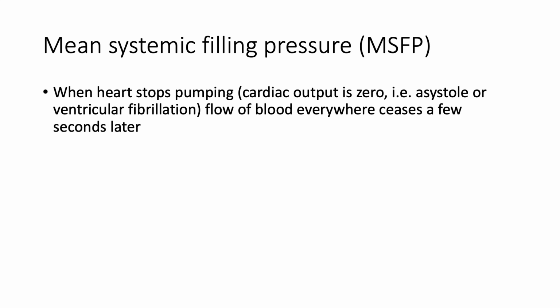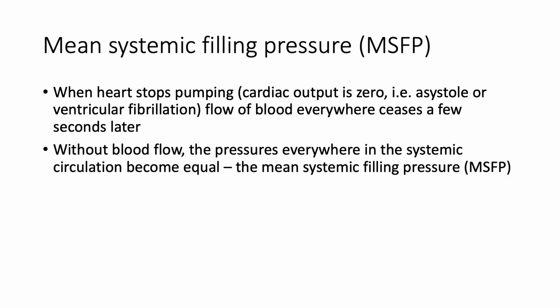Now, mean systemic filling pressure is kind of a confusing concept, but when the heart stops pumping and your cardiac output is 0, like you have an arrhythmia, like ventricular fibrillation, or you have complete asystole, the heart is not contracting at all, the flow of blood everywhere is going to stop.